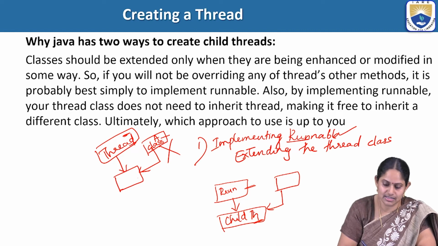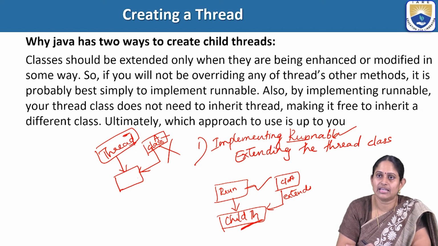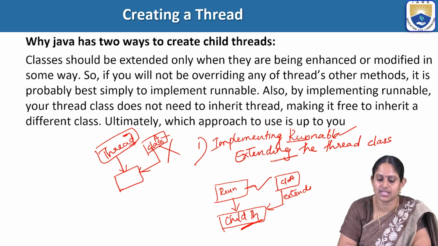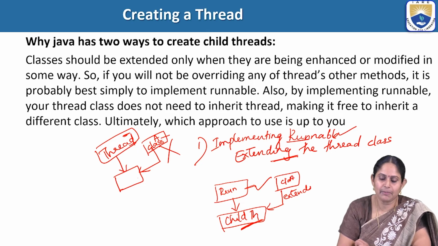It can also extend some other class, say class A. This feature is allowed only if we are creating the thread using the Runnable interface. It cannot be achieved by extending the Thread class. So people may prefer implementing it using the Runnable interface.